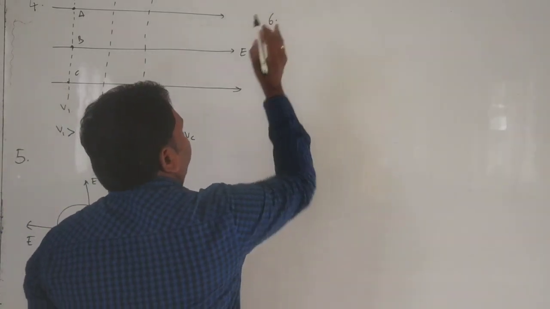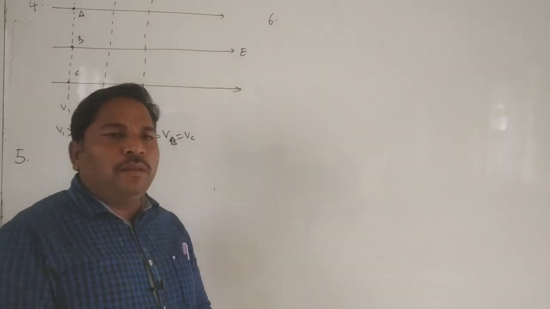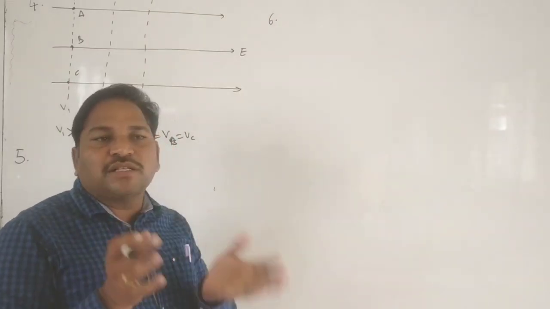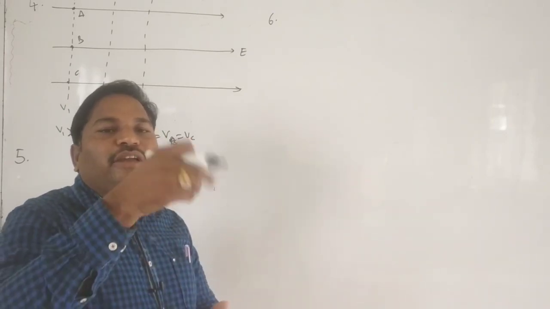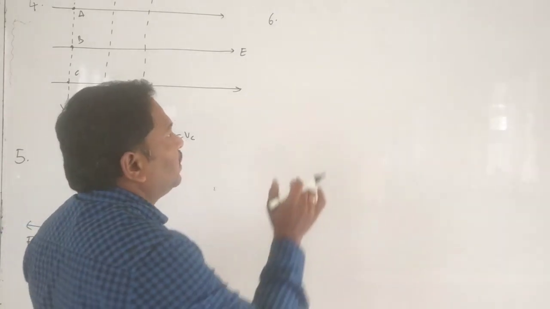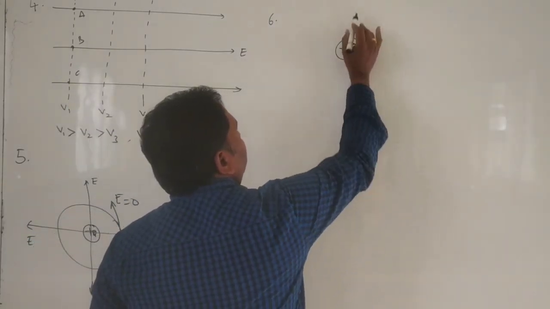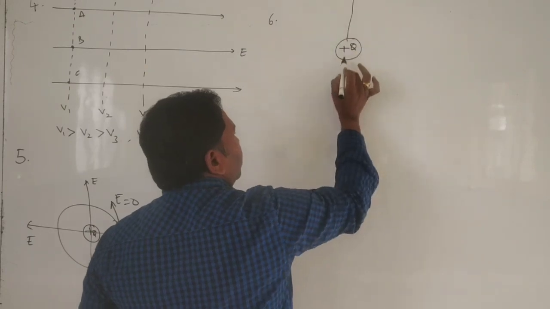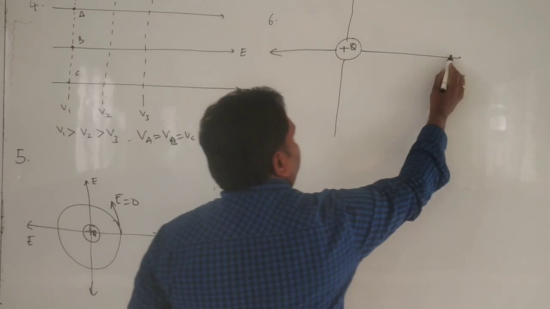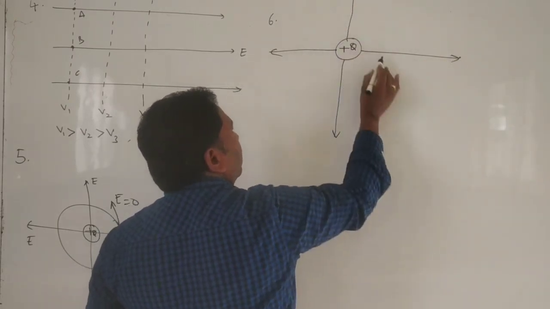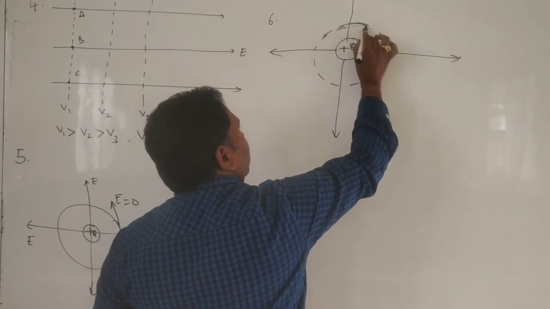Next, number 6th point. The work done in moving a charge from one point to another point on an equipotential surface is 0. Suppose this is the plus Q charge. So it produces an electric field like this. This is one equipotential surface.